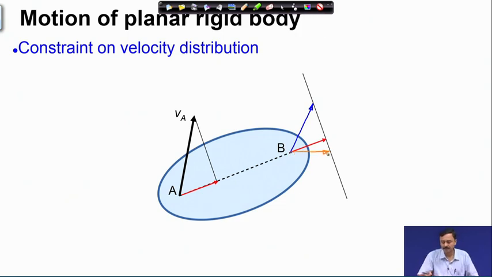So, these are valid velocity vectors at point B.